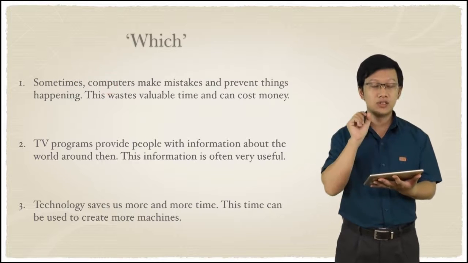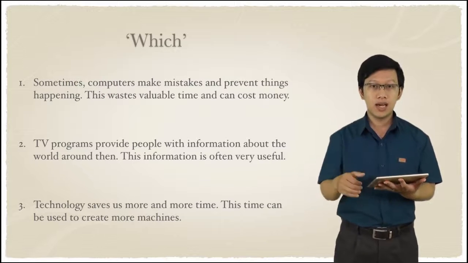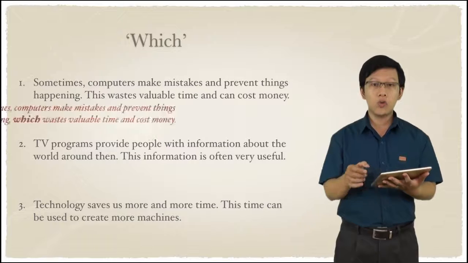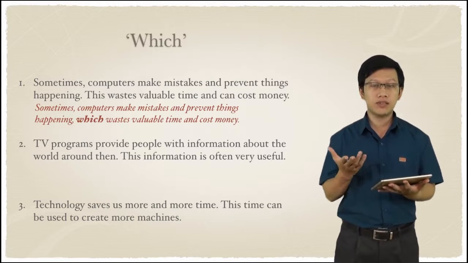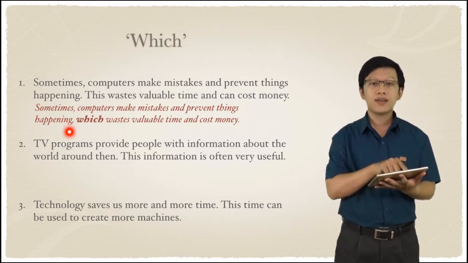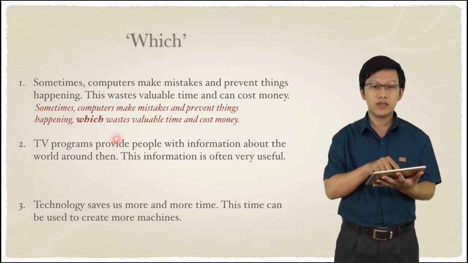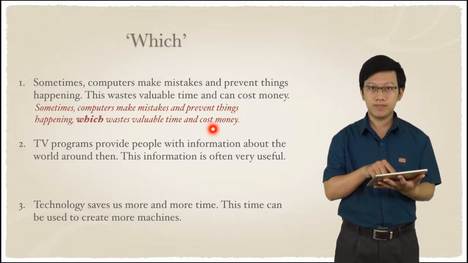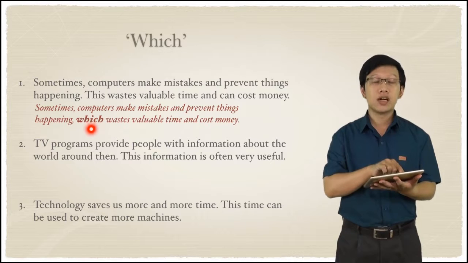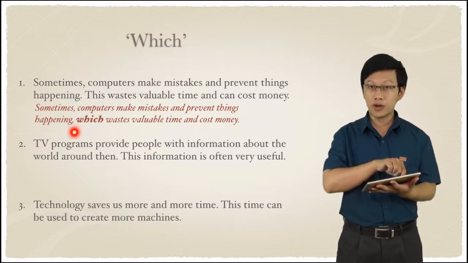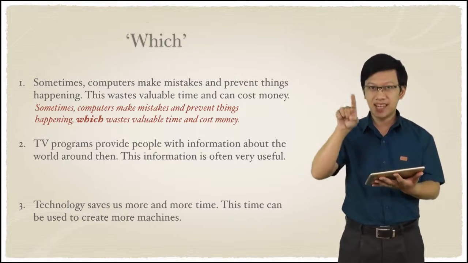It refers to the fact that computers make mistakes and prevent things happening. So we are going to rewrite it this way: sometimes computers make mistakes and prevent things happening, comma, which waste valuable time and cost money. Now, when which is used to replace a whole clause, there will be a comma right before it, like this.